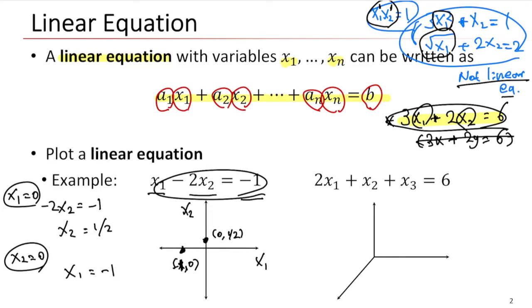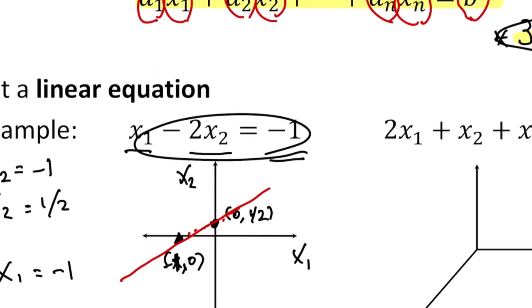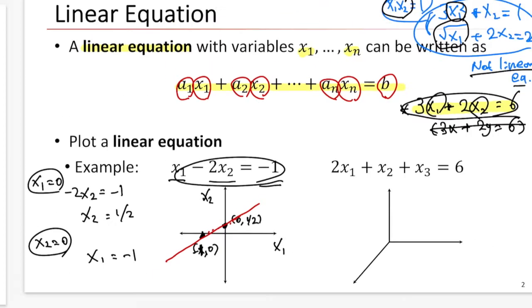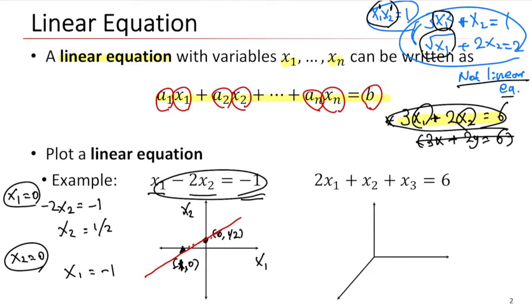If we find more points that satisfy this linear equation, we can draw the line like this. So this is the way to plot a linear equation. This is just the two variable case.